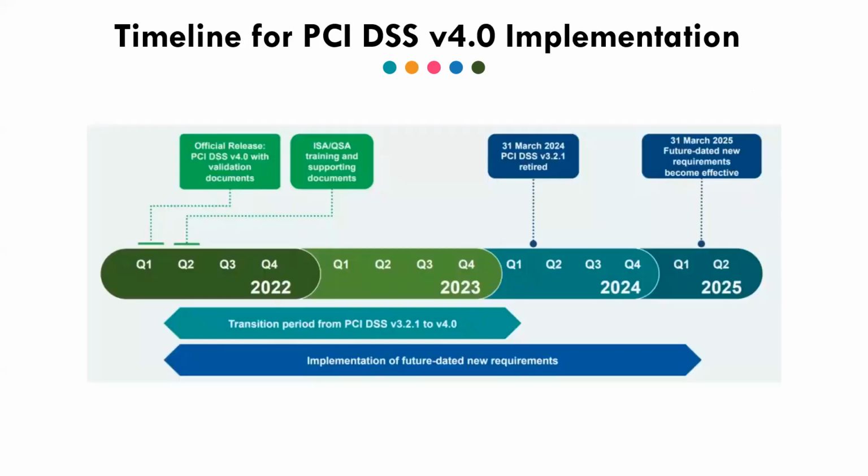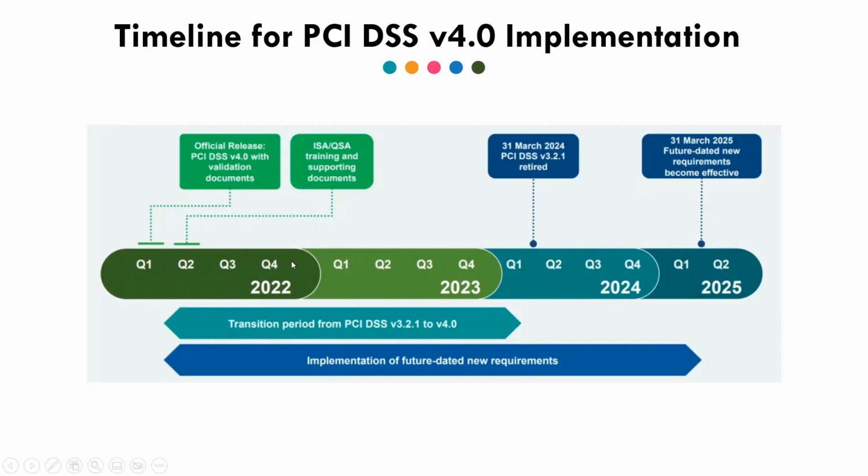Okay. So now let's look at the diagram addressing the timelines. This is from PCI SSC, the PCI Council, right? So in the first quarter of 2022, they released version 4, right? And the second quarter was when they started training for QSAs and ISAs.